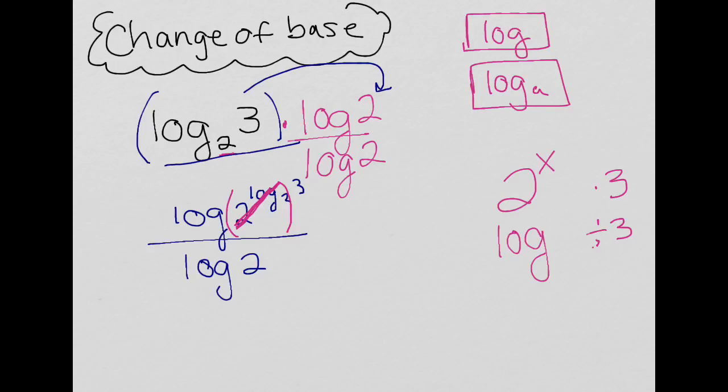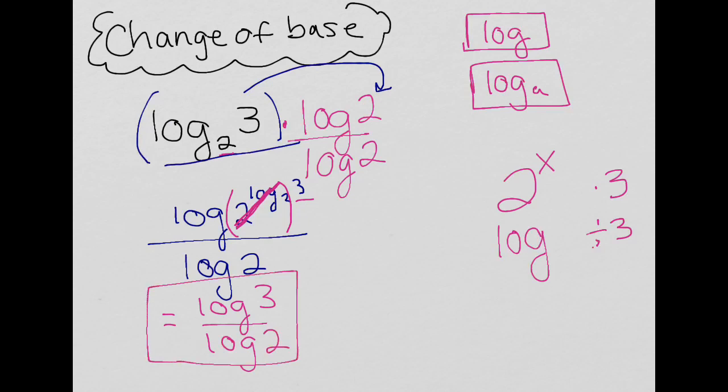So these cancel, and all you're left with is log, and your 3 up there, so you have log 3 over log 2. This is it. There are no bases anymore. You have no base down here in either one of them. You've changed the base of your original log base 2 of 3, and it's now in log base 10.